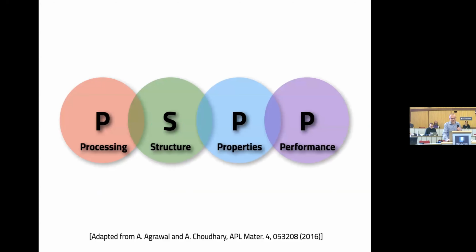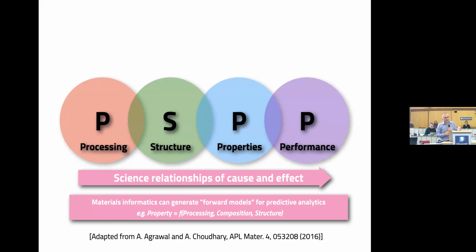This is a relationship of cause and effect: the process induces a given structure, the structure induces the properties, and the properties induce the performance. Materials informatics can generate such a forward model, which allows you to predict, for instance, the property as a function of the processing condition, the composition, and the structure.